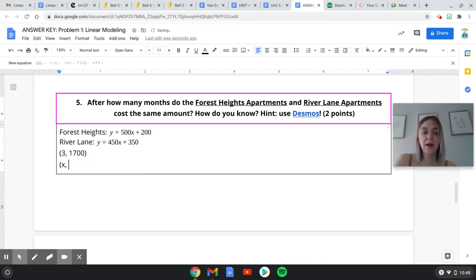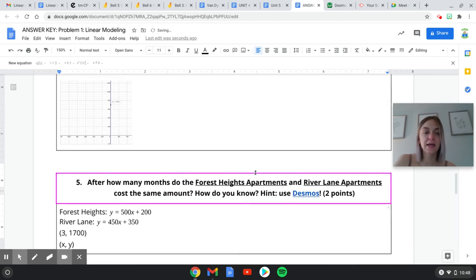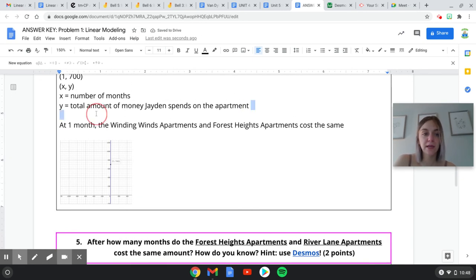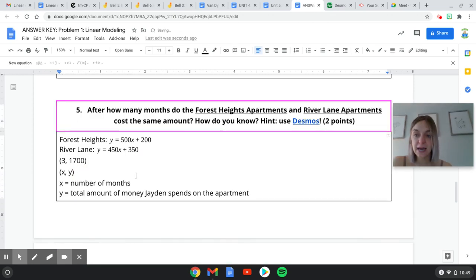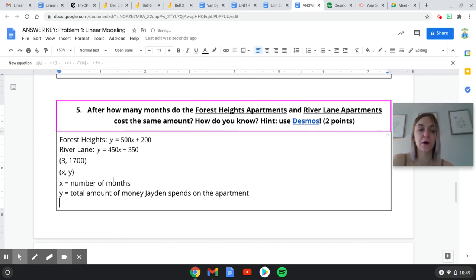And in my ordered pair, I'm going to say X and Y again, just to remind me which is which. And I'm also going to remind myself, what does X mean, the number of months? What does Y mean, the total amount Jaden spends on her apartment? So my X value is 3, tells me my number of months. And the Y value is 1,700, which tells me at 3 months, both apartments cost $1,700.